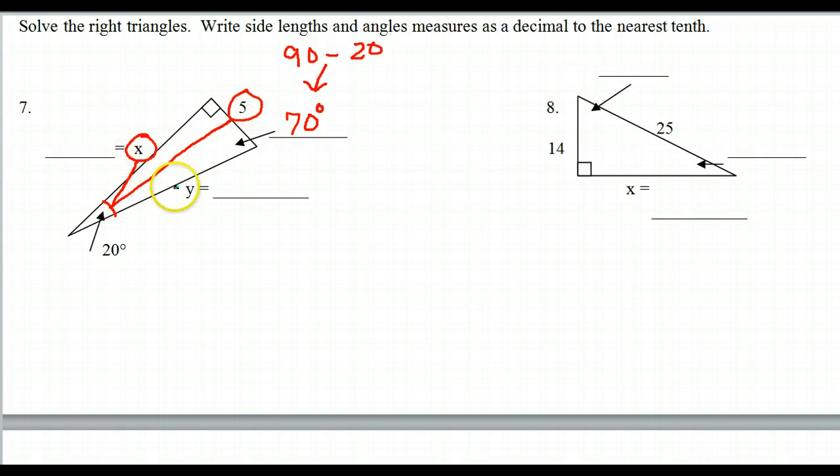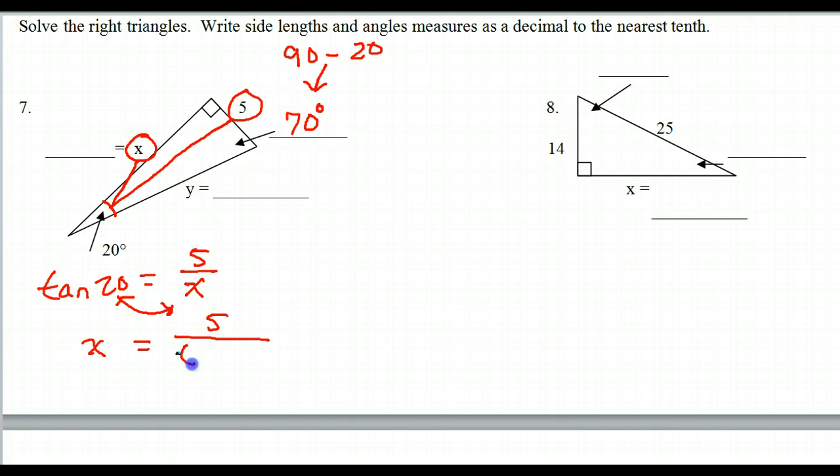Opposite leg, adjacent leg, so that's the tangent function. So I would do tangent 20 is equal to opposite over adjacent. The unknown is in the denominator, so we will do our reversal technique. That's going to give us x equals 5 over tangent 20. If we put this in the calculator, it's 13.7.